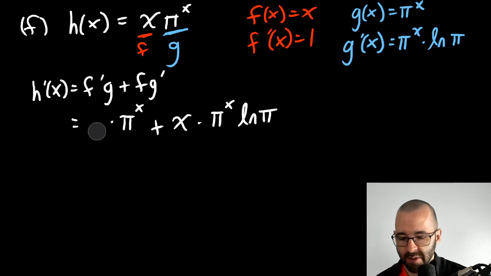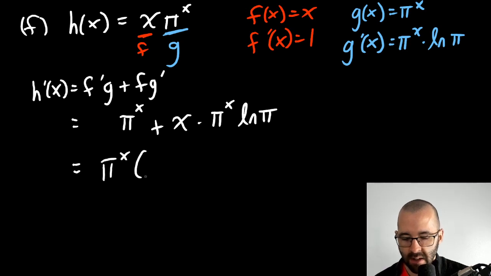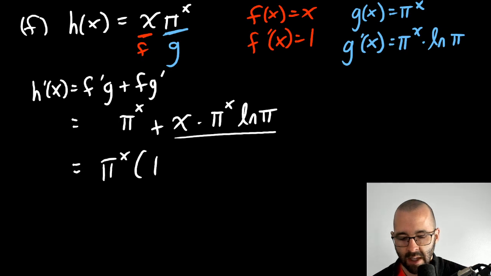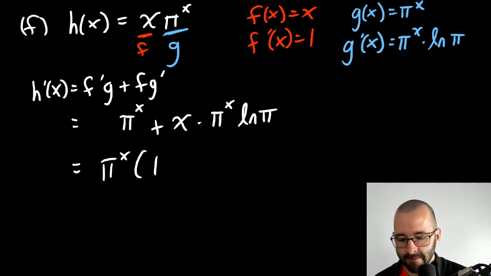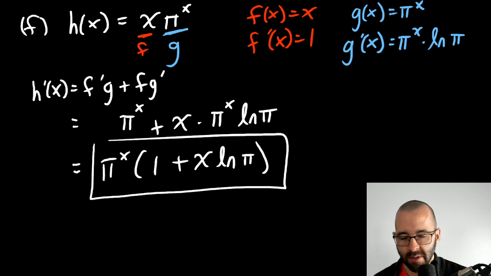For example, we don't have to write this 1, and we can factor out a pi to the x. That'll leave us with a 1 left over in this first term, and from the second term, we just have x times ln pi. That's going to be our derivative.